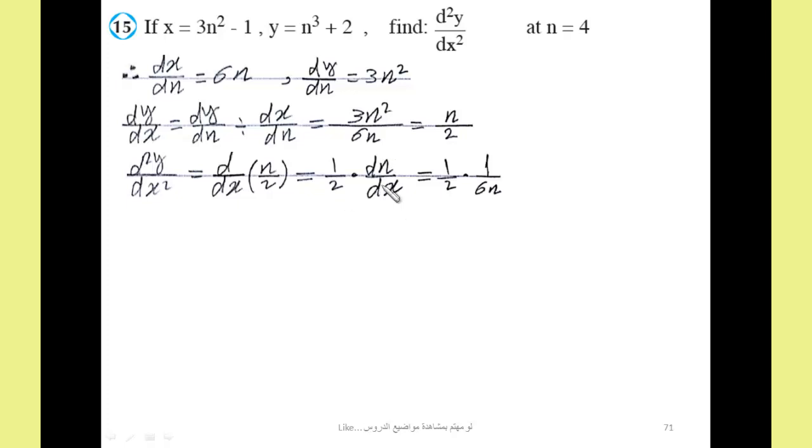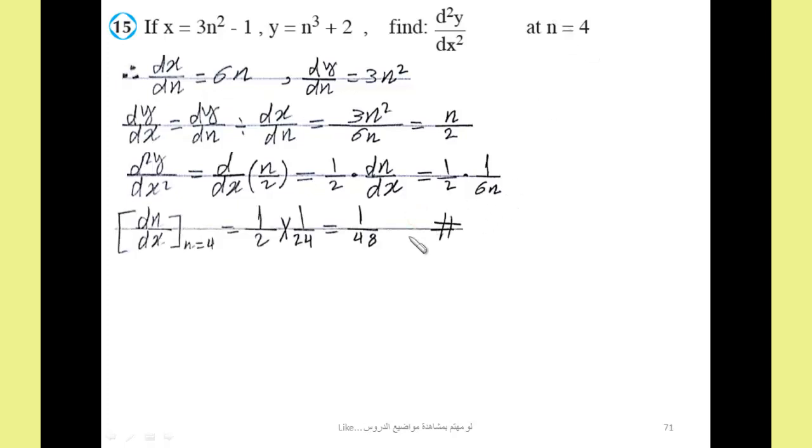What is the value of dn/dx? It is 1/6n, because dx/dn equals 6n, so the reciprocal of this will be 1/6n. So when n equals 4, the result will be 1/2 multiplied by 1/24, which equals 1/48.